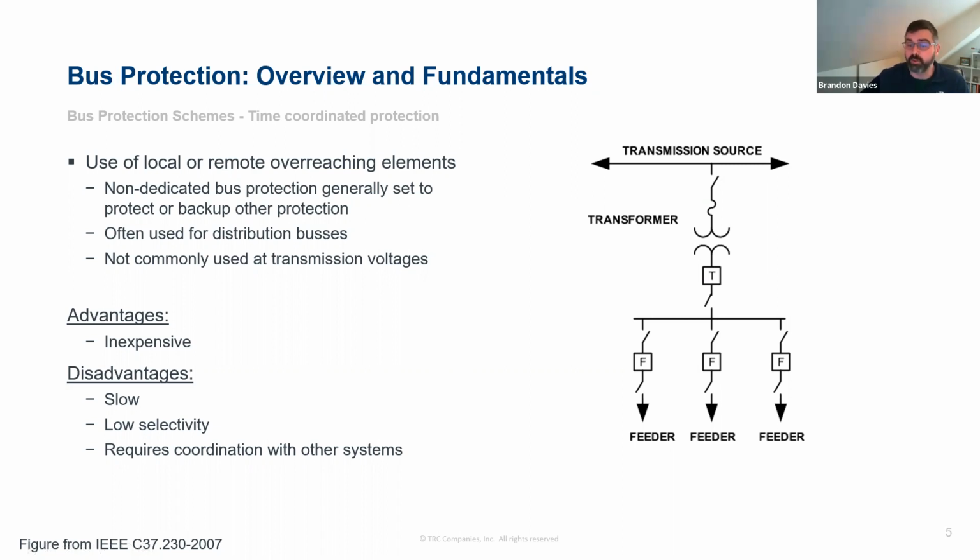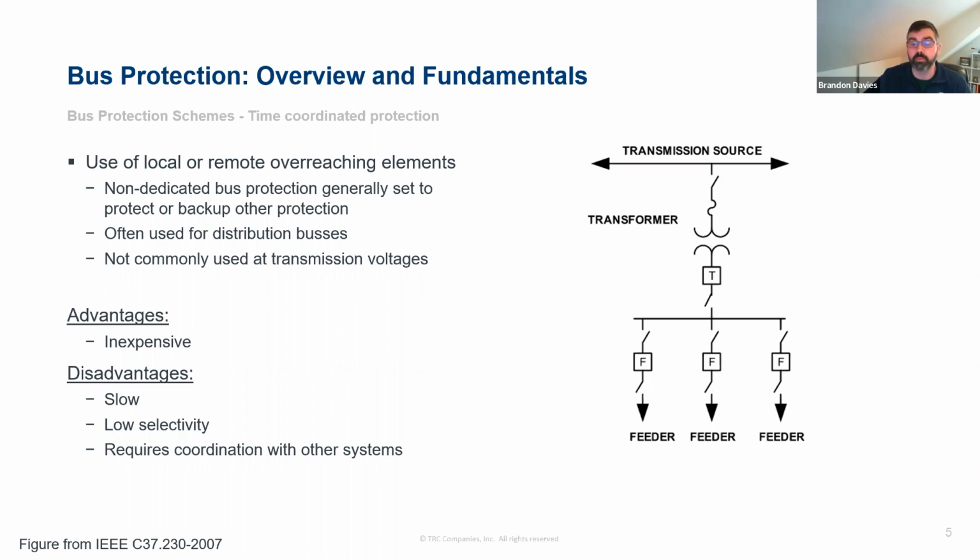Another one would be the transmission protection that we talked about over the last couple of classes. We talked about having a step distance scheme with time delayed zone 2 elements that would see past the next bus. So that's another example of how you could protect a bus with this time coordinated protection.